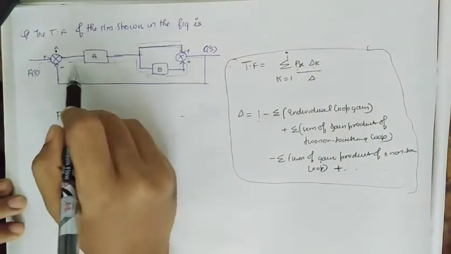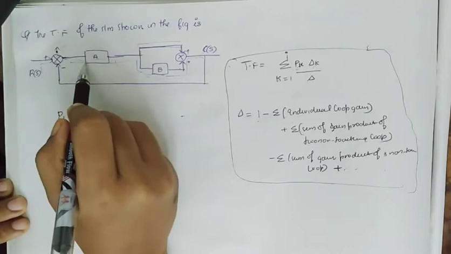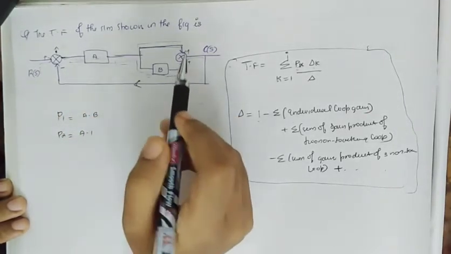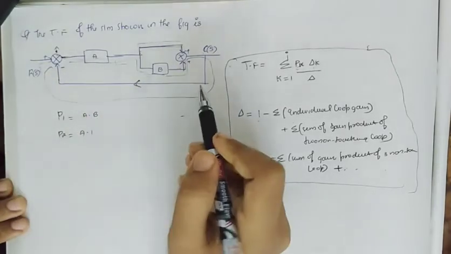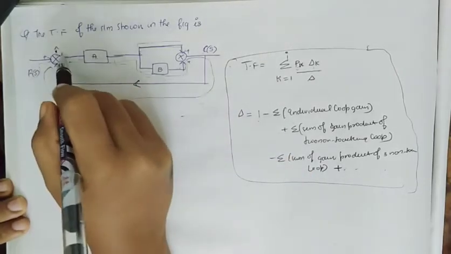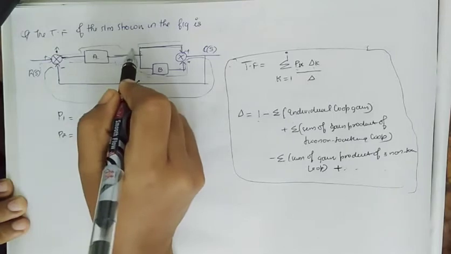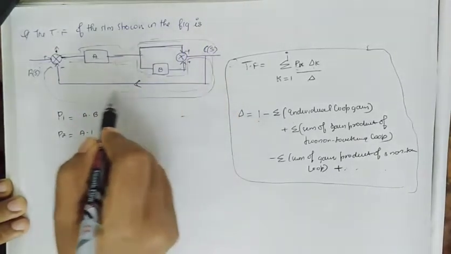So what is a loop here? I start from here, A, B, and again travel from here and come back to this point. That is one loop. The other loop is: come over here, travel towards here, and then use this path and come back.